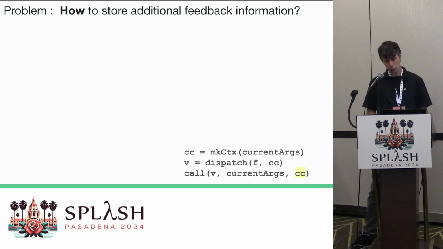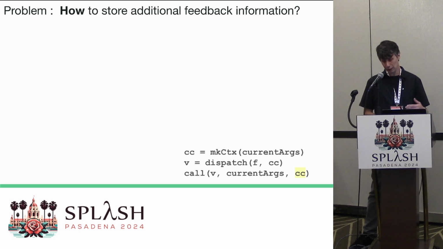Now, how do we store the additional feedback information, before focusing on the where? Before it was easier because we always updated the same feedback vector because there was just one. It's like a global thing we update. But now we need to have the call context available when we actually run a version, because there's no other way we can access it.